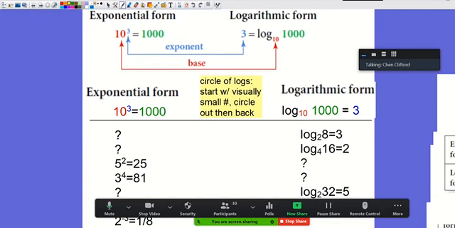If we take multiplication, 2 times 3 equals 6, you can go backwards and go 6 divided by 3 equals 2. So you can go backwards.